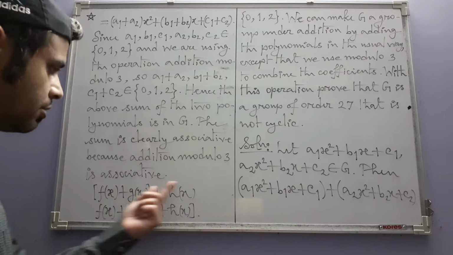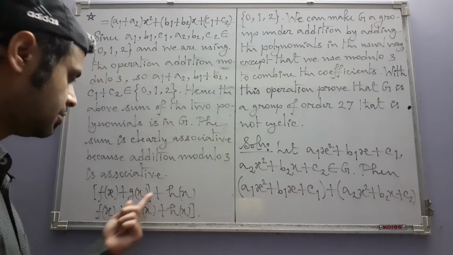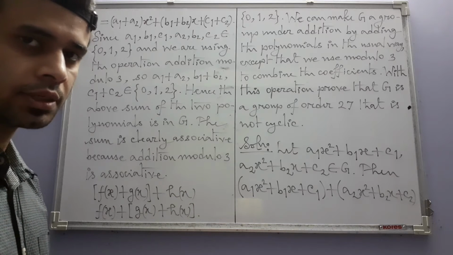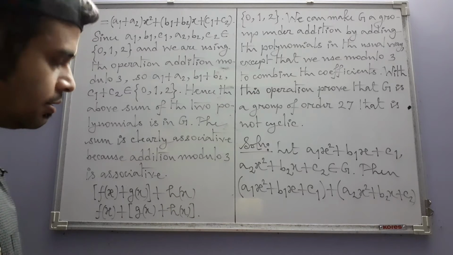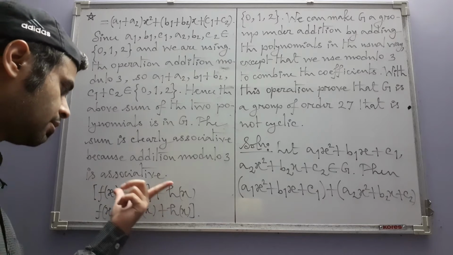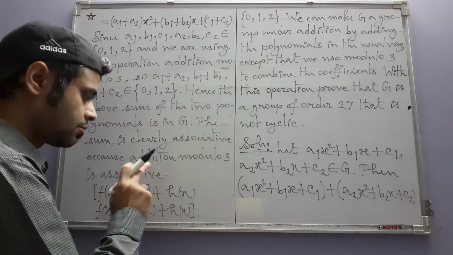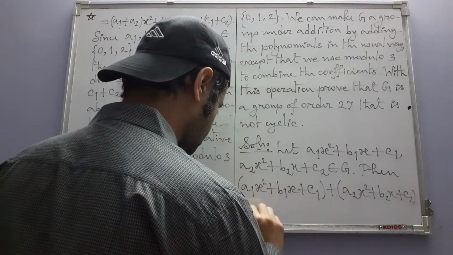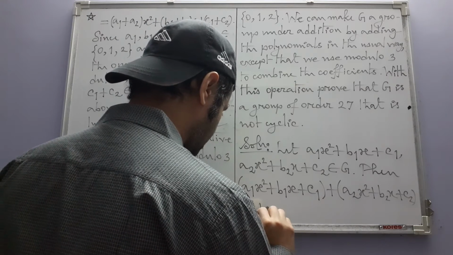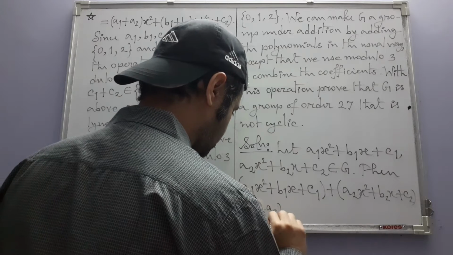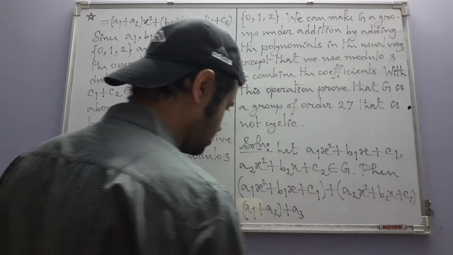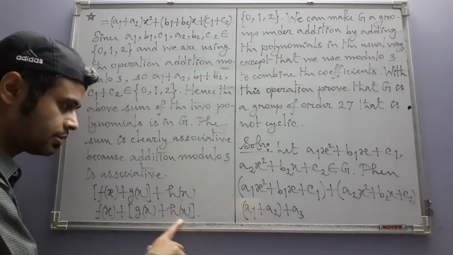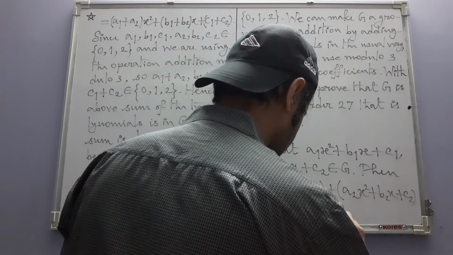For example, if your f is this, g is this, and suppose in H the coefficients are a3, b3 and c3, then in this first sum, the coefficient of x square will look like this: a1 plus a2 plus a3, and the coefficient of x square in this second sum will look like this.